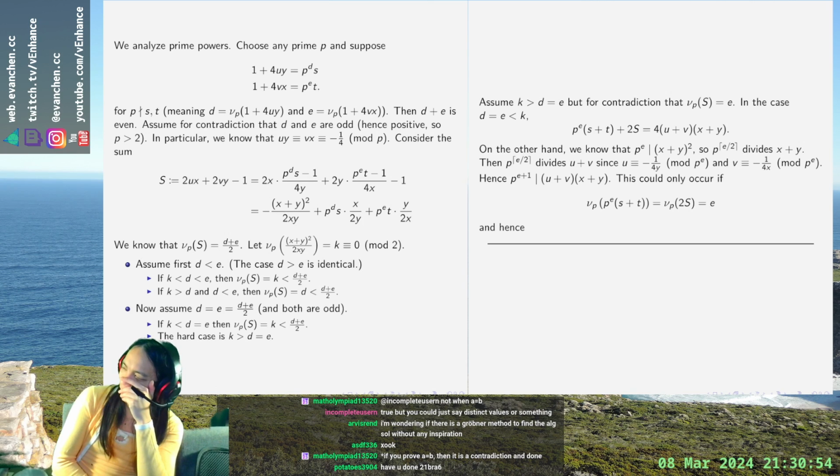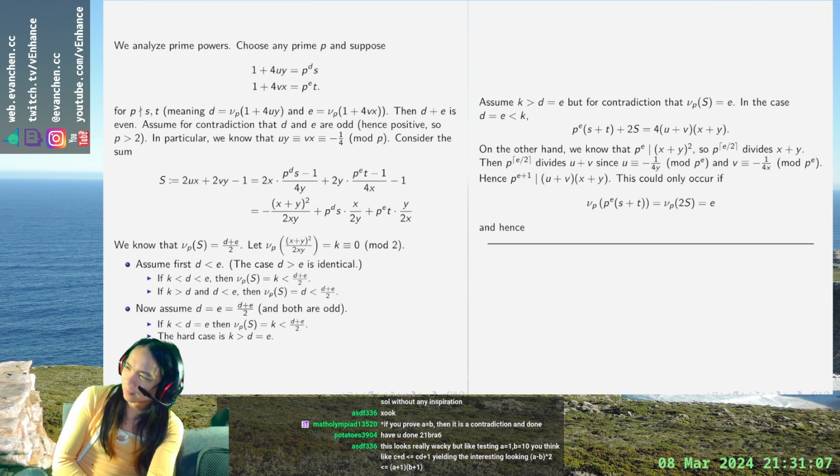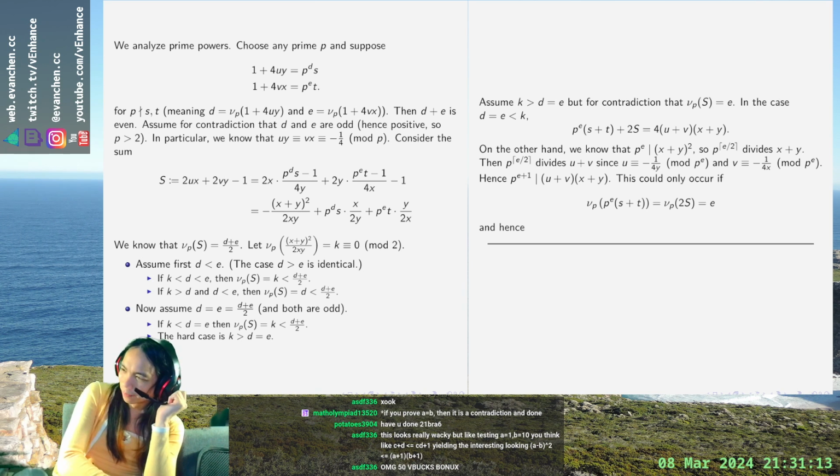No, x plus y, yeah. So u plus v, x plus y. So u and v are the same. What did I say I wanted before? I wanted s plus t, but I'm getting s is equal to t.